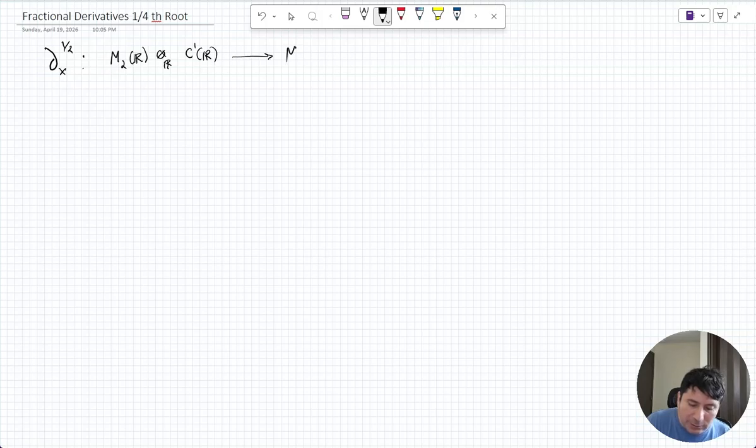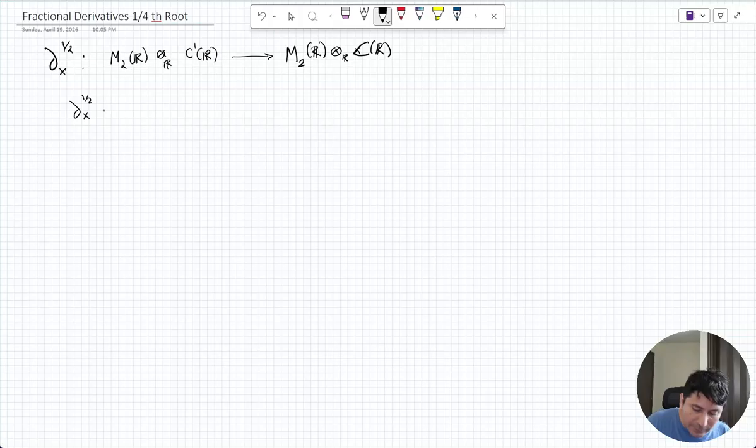And it gives you the 2 by 2 matrices over R tensor over R, and this is just the functions on R basically.